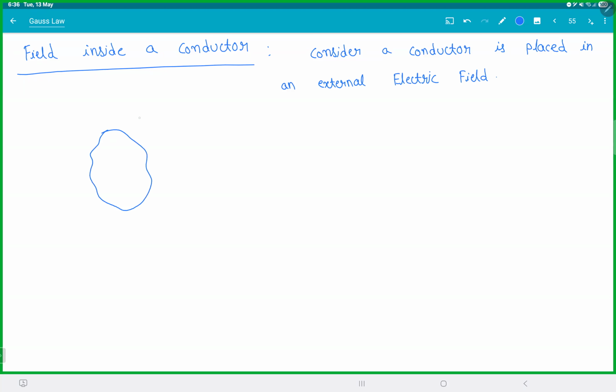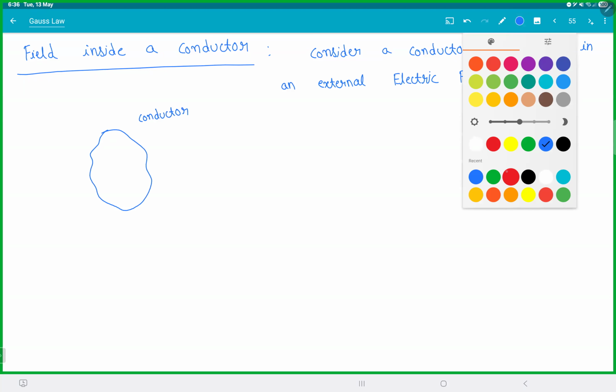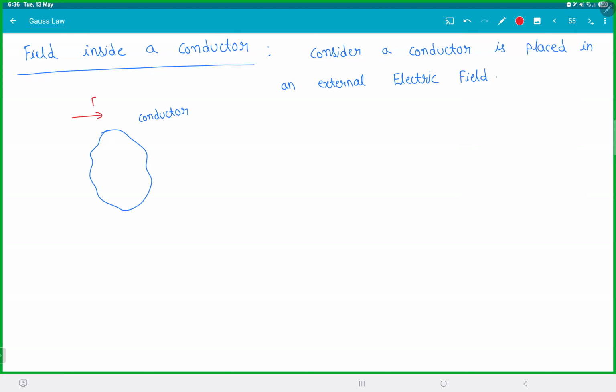Let's say we have a conductor here. You took this and kept it in an external field E bar. Now we know inside there are a lot of free electrons. Tell me one thing: if you put an electron in an electric field, what will happen? Positive charges will go in the direction of the field, negative charges will go opposite to the field, isn't it? So all these electrons will start experiencing force opposite to the field, in this direction.